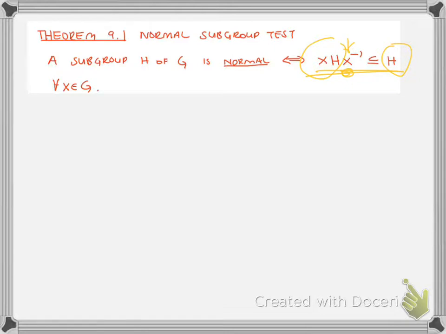And so that gives us the definition. So this is another way to define a normal subgroup. I think there are a couple other ways too, if you're reading other books, you might notice.